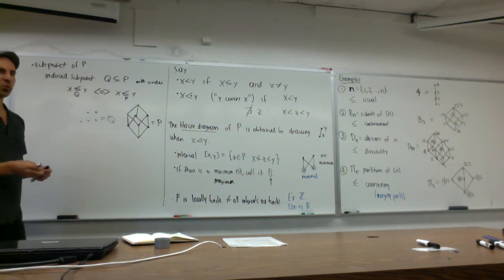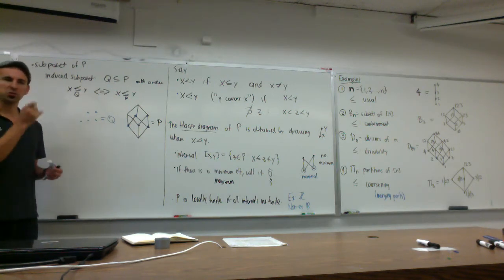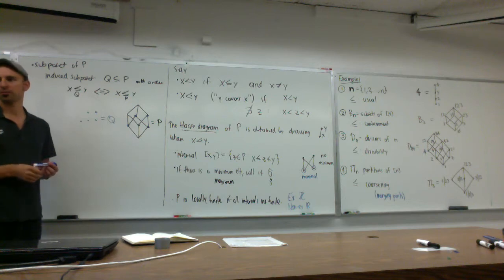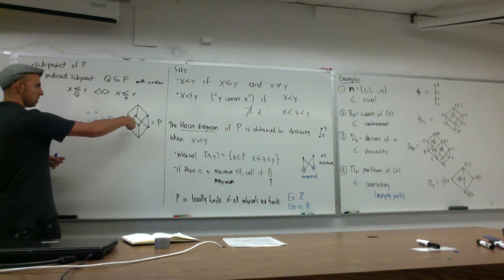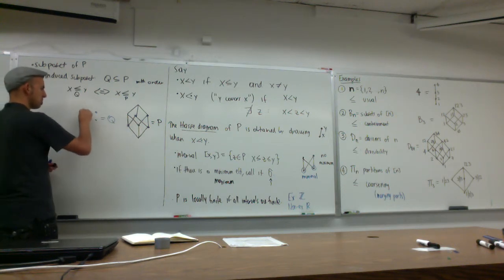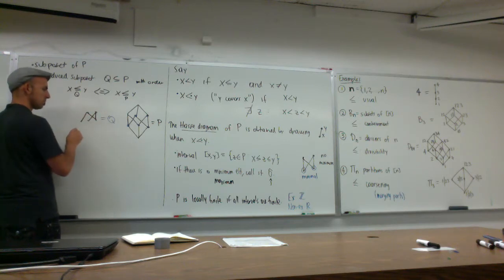Okay? But the point is that if you're an induced subposet, then you choose your elements and the order is forced on you. Okay? So the order is just whatever it was over here. Right?